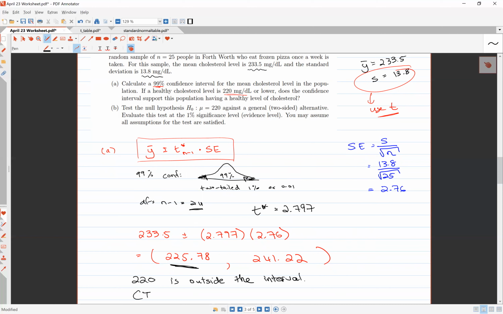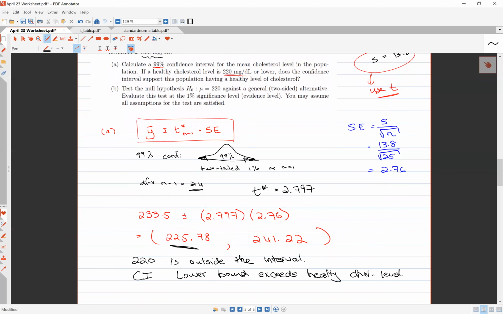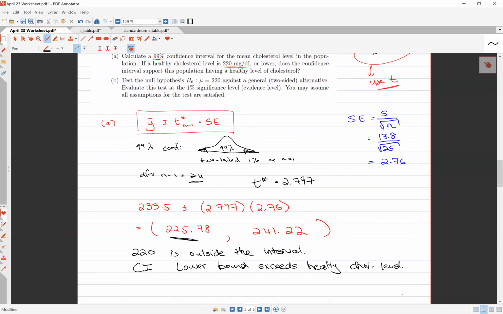So you can say the confidence interval lower bound exceeds a healthy cholesterol level. And so it's not plausible that this specific population has a healthy level of cholesterol based on the confidence interval that we've constructed.